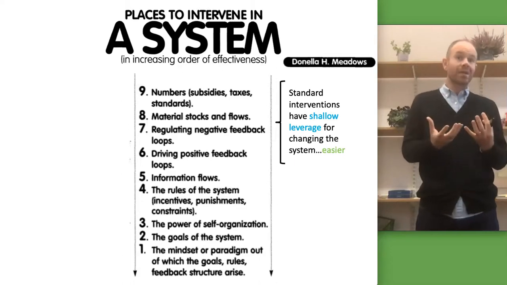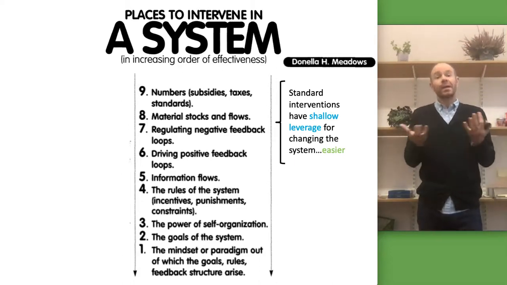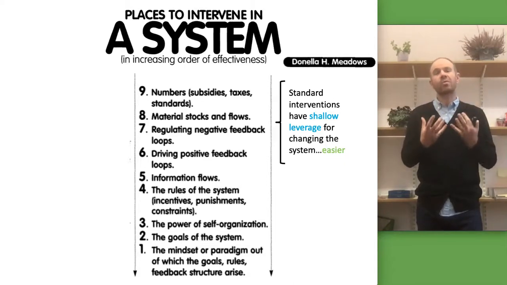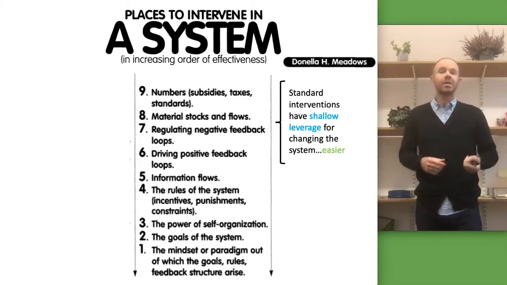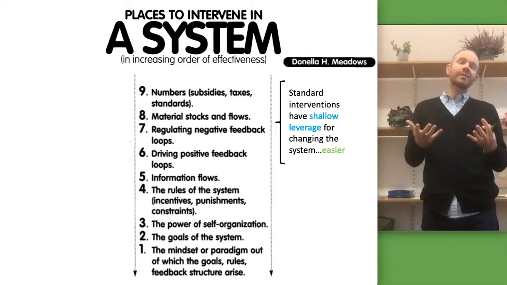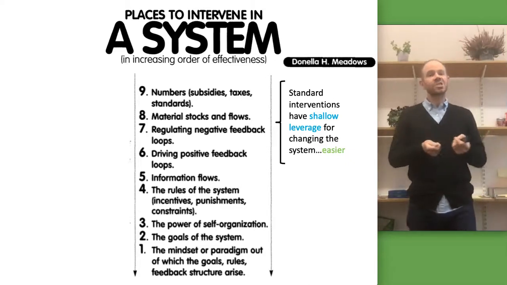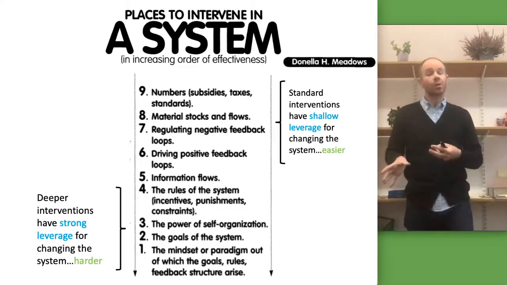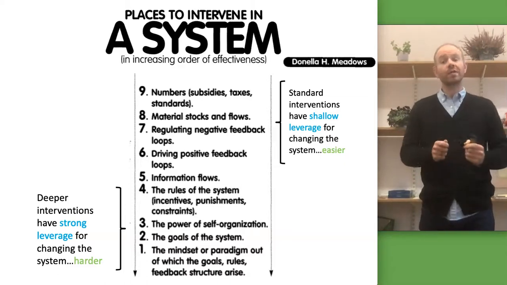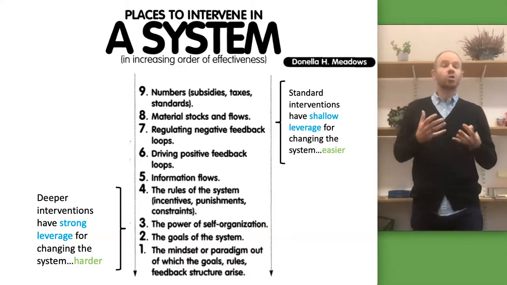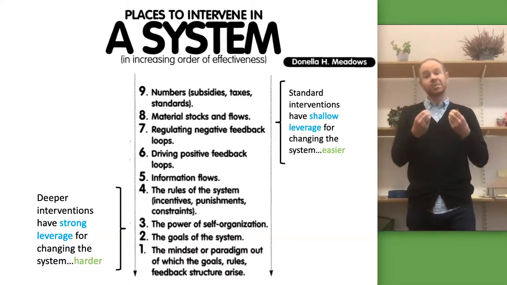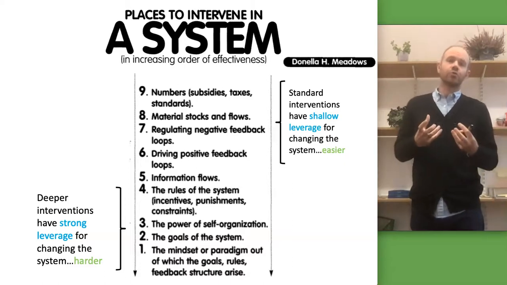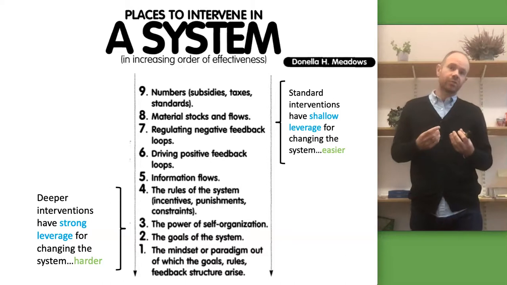So when we think about addressing climate change, Donella Meadows says from a system standpoint, adding a tax is going to be a very low effectiveness intervention in a system. But these things are the standard ones, probably because they're most politically feasible, but they've got this shallow leverage for changing the system. Things on the bottom are what we'll call deeper innovations. They have this strong leverage for changing systems. As you can see, the goals and the ontological disposition of that system, changing those really have a huge leverage for being able to address some problems.